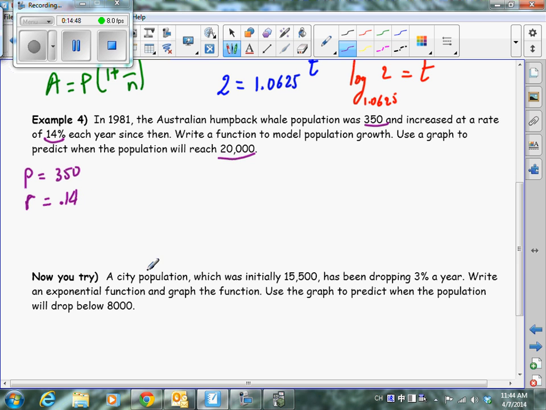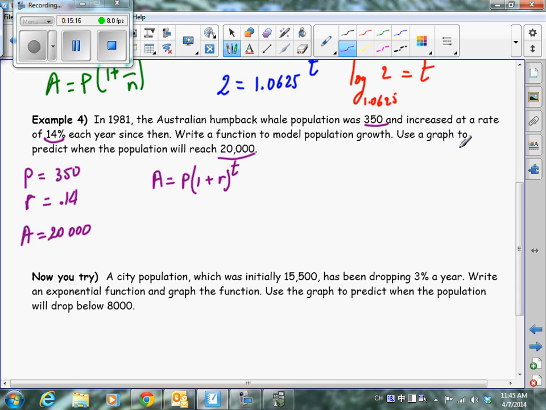All right. What is P supposed to stand for? The principal, the starting. And A is the final, meaning 20,000. We want to write the equation. The equation is A equals P times 1 plus r to the power of t. Let's write even what we know.